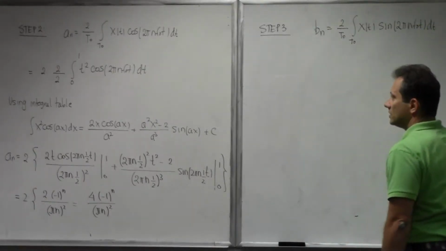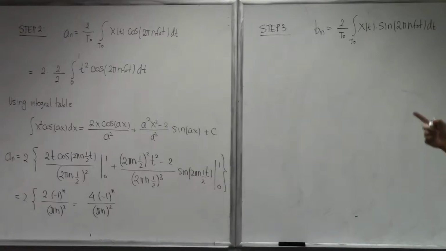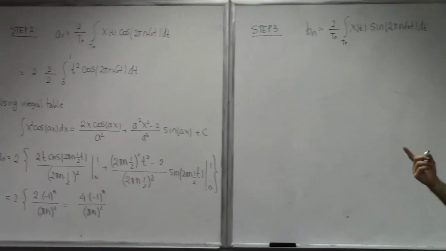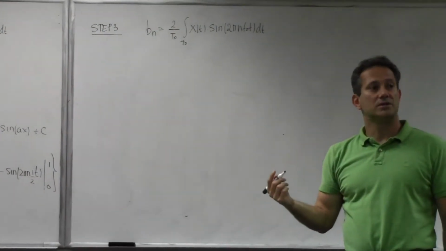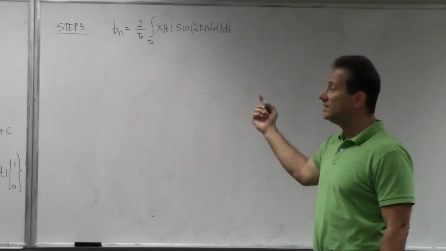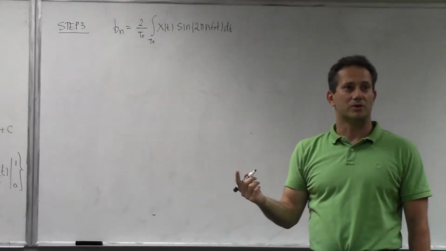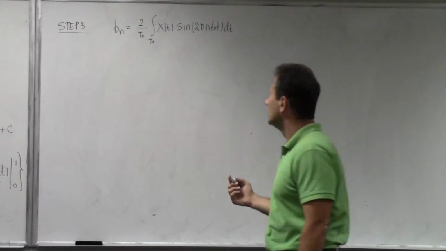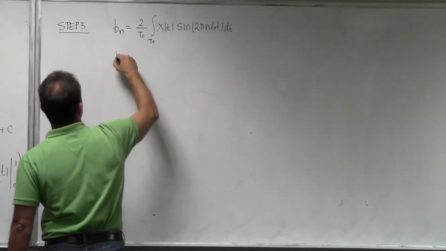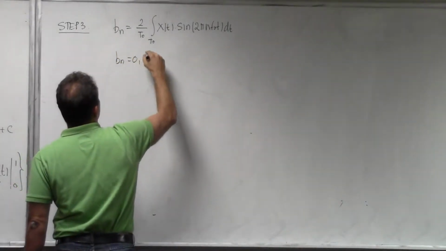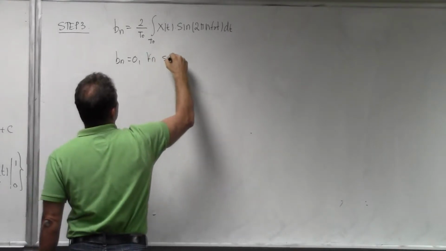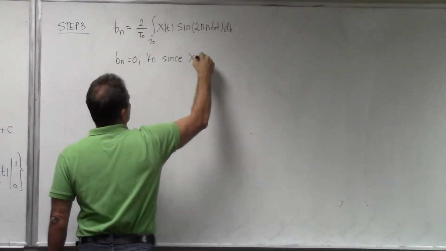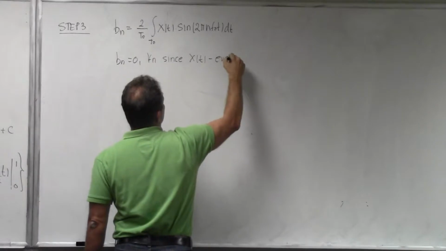But we have noticed from the very beginning that there is something special about this function. What's special about this function? It has an even symmetry. So do I even need odd building blocks? No. So bn is equal to 0 for every n, since x of t is even.